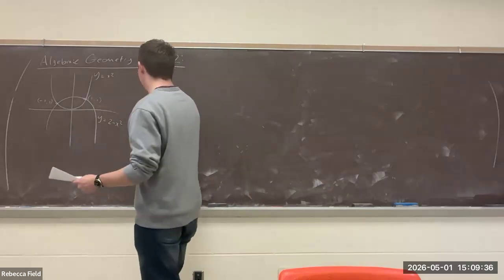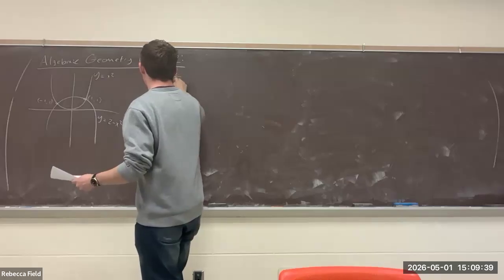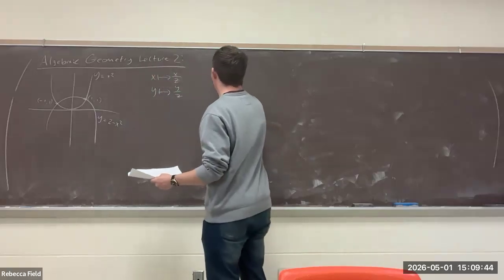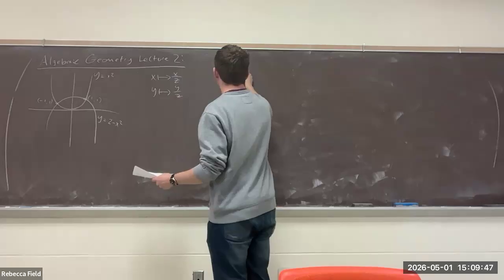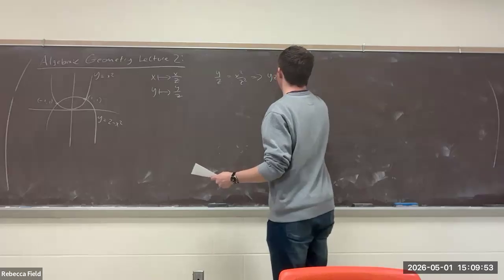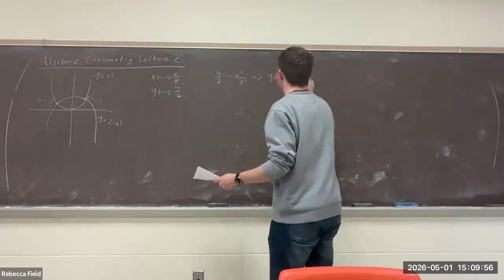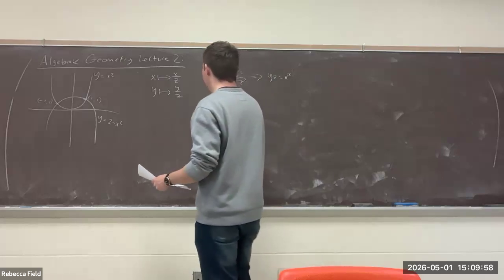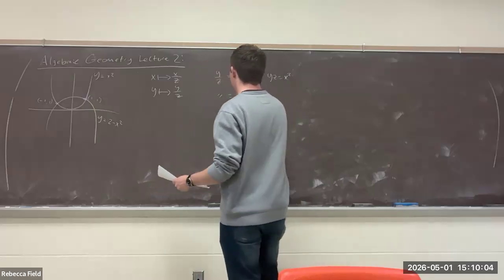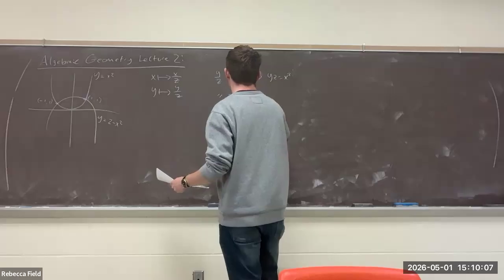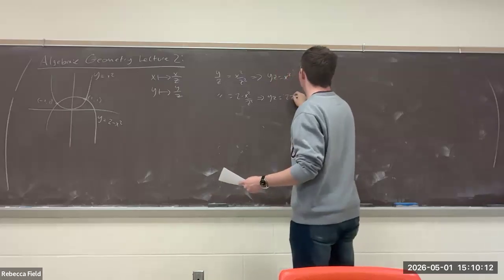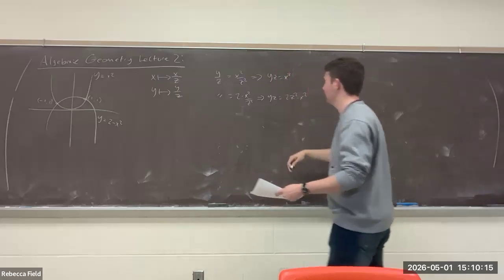Again, we're going to do the thing we did last week. Send x to x over z, y to y over z. We'll get y over z is equal to x squared over z squared, or yz is equal to x squared. And then we'll also get y over z is equal to 2 minus x squared over z squared, and we get that yz is equal to 2z squared minus x squared.